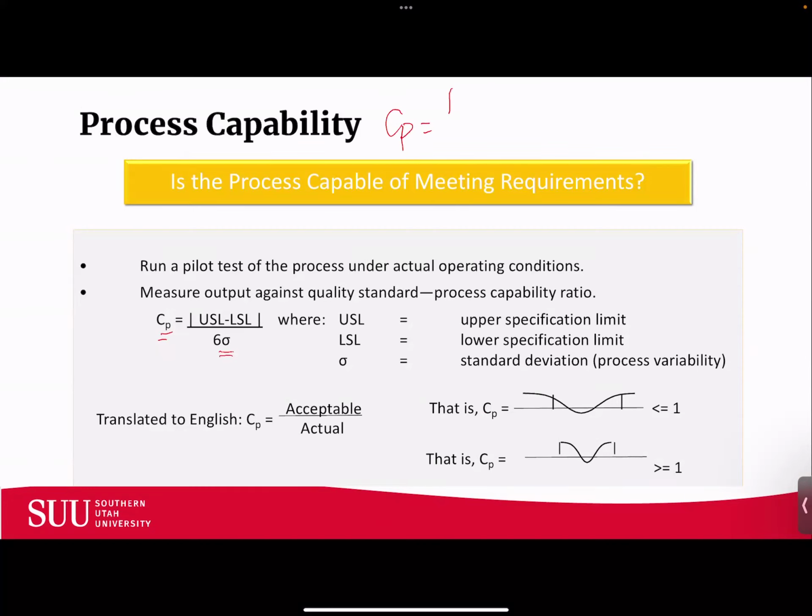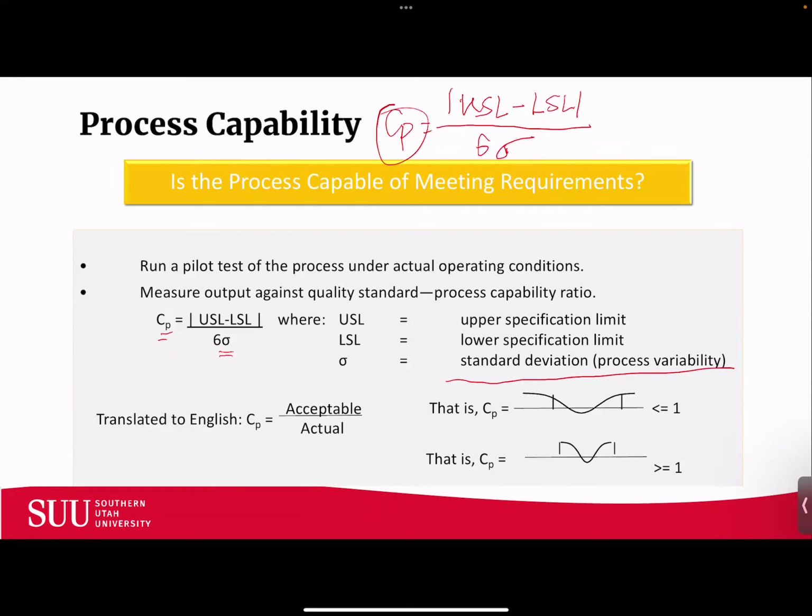So we use the upper limit minus the lower limit and divided by 6 sigma. 6 is a constant. Sigma here is your standard deviation, your process variability. And we use the specification you design divided by the actual numbers you collect.